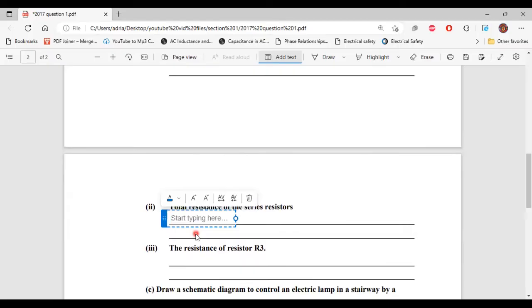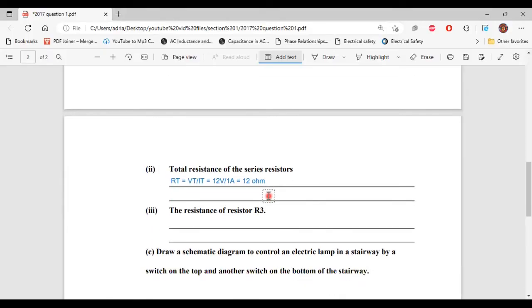Therefore, RT is equal to VT divided by IT. So the total voltage is 12 volt divided by 1 amp, and that will give us 12 ohm for RT, and that's the total resistance for the circuit.